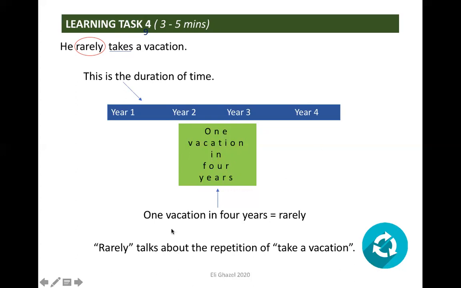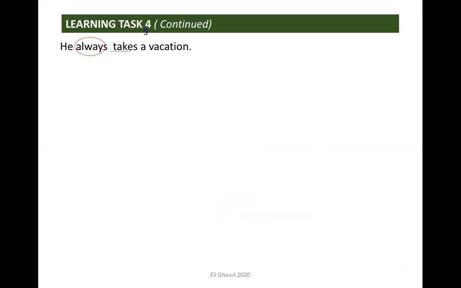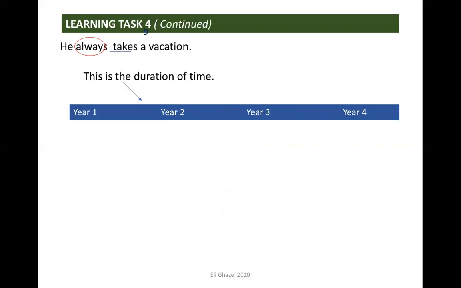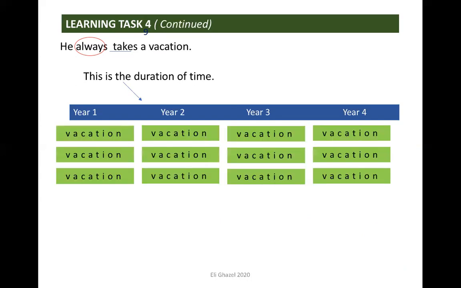And that's why we need to develop a concept, not a structure. Let's try another one. We just changed one word. He always takes a vacation. If these are the same 4 years, and he took a vacation 3 times every year, 1, 2, 3, 1, 2, 3, 1, 2, 3.